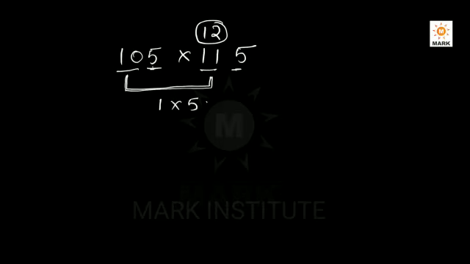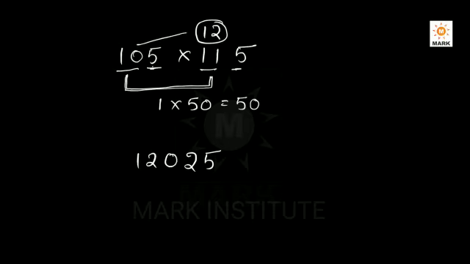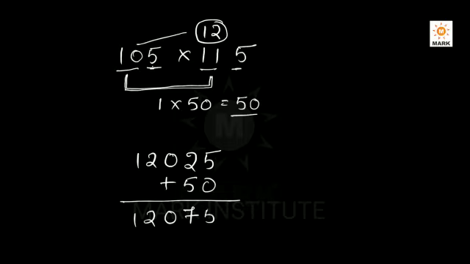Always multiply this difference with 50, your product is 50. Now 5 into 5 is 25, 10 into 12 is 120, add this number plus 50, 120, 75. The answer is 12075.